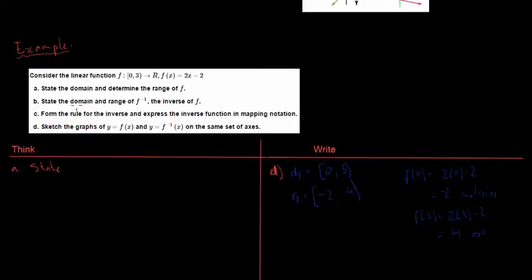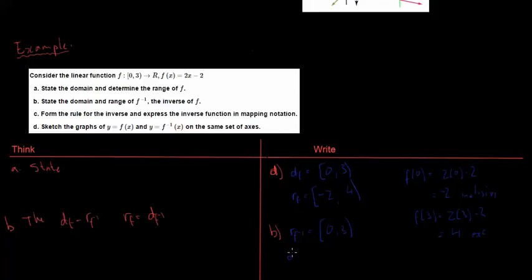Sorting out the domain and range of f to the negative 1, the inverse of f. As we've said, the domain of f equals the range of f inverse, and the range of f is equal to the domain of f inverse. So we know that the range of f inverse is going to be equal to the domain of f, 0 to 3.